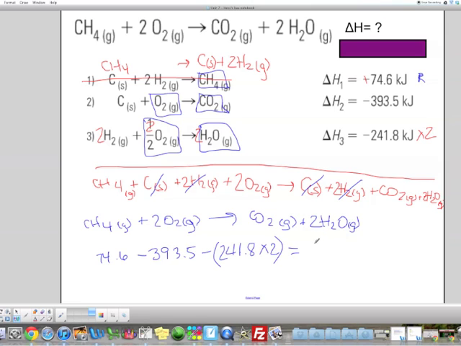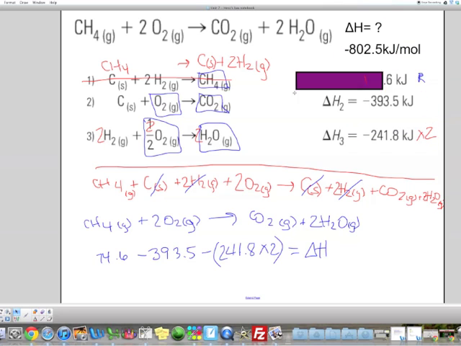And that will give me my delta H for this whole process, which happens to be 802.5 kilojoules. I could say per mole of CH4, for example, because there's only 1 mole of CH4 in here. I could also say per mole of CO2 if I wanted to, same difference.